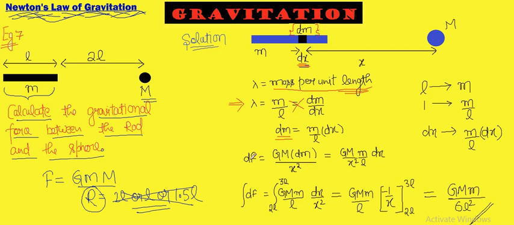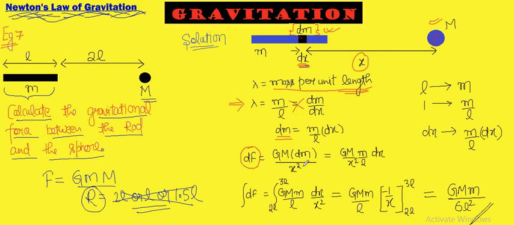Now we write the force between this small part dm and this sphere of mass M. I took the distance between the small mass and the bigger mass as x.